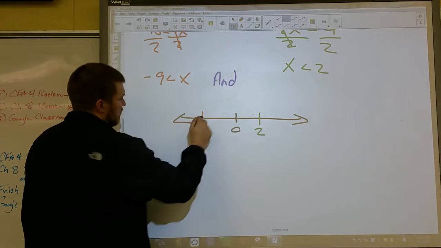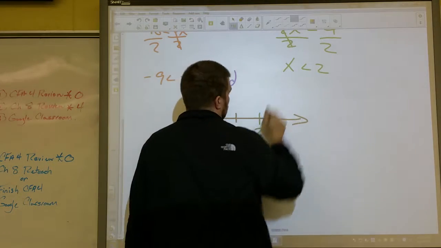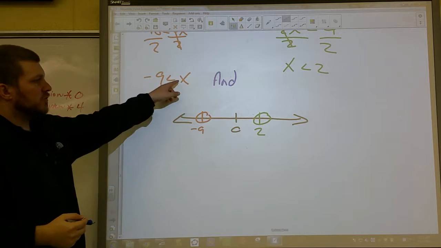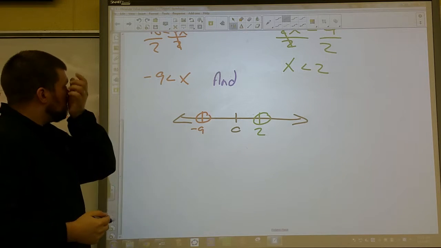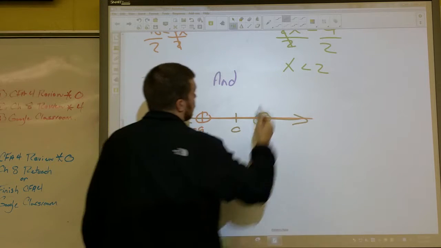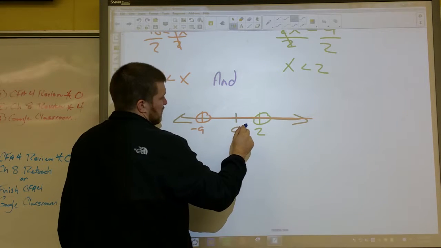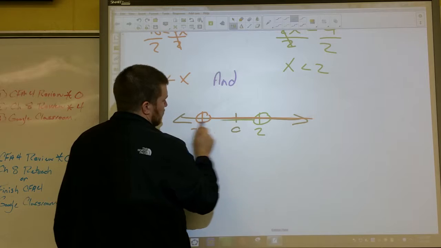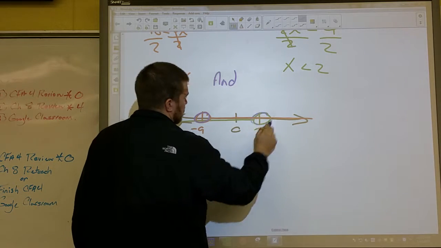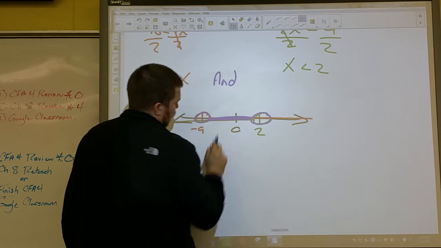Each of these do not have a line under it, so they're both open circles. And now I want to shade. I start by reading from the variable side first. So x is bigger than negative 9, or greater than negative 9, so I'm going to shade to the right. Here I have x is less than positive 2, so I'm going to shade to the left. Since it's an AND problem, all that I care about is where does the overlap happen.